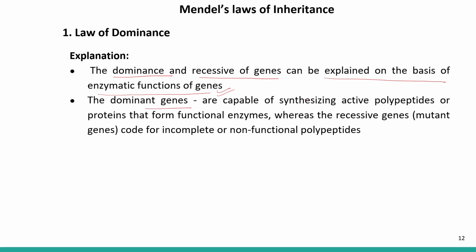The dominant genes are capable of synthesizing active polypeptides or proteins that form functional enzymes, whereas the recessive genes are mutant genes and code for incomplete or non-functional polypeptides. So the genes are not functional at that time, right? So the dominant one can express itself and suppress the recessive one.